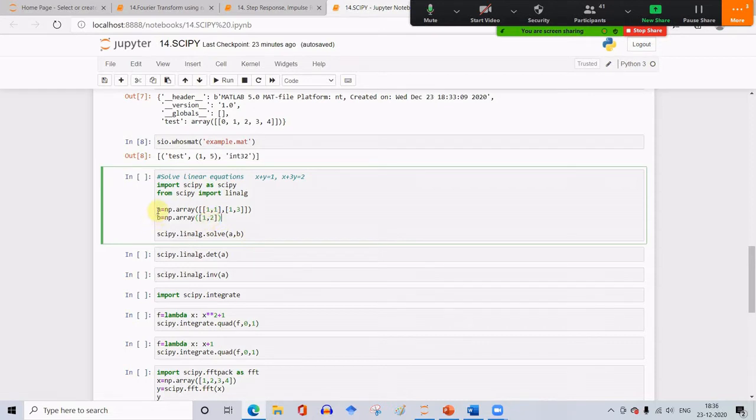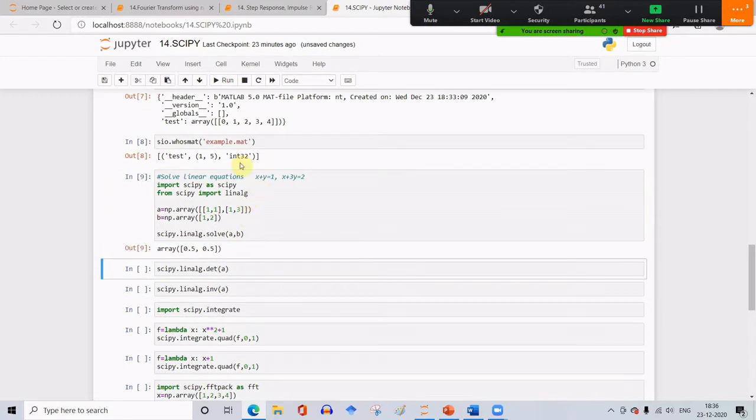So now our equations 1 and 2 are organized in the form of a vector matrix notation. Now I'll use scipy dot linalg dot solve for A, solve the equations A and B. So now if I run this, I'll get the solution for x as 0.5, y as 0.5. Okay. So these are the solutions of the set of linear algebraic equations.